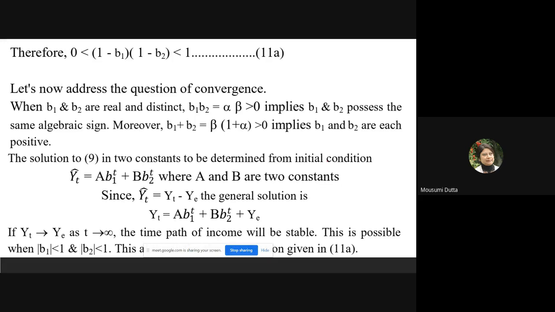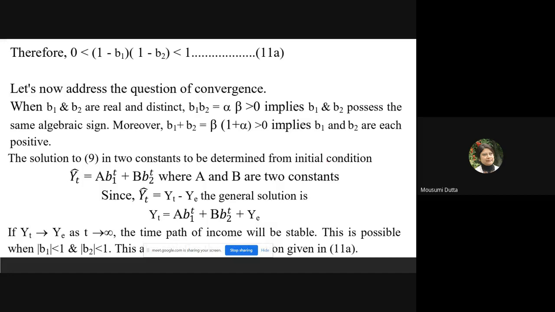Okay, so this we are keeping in between. So we have pi in our hand, and on the basis of the second order difference equation, first we derived the characteristic equation, and for that characteristic equation we have calculated two roots, and then using the properties of the characteristic roots we derived equation 11A.